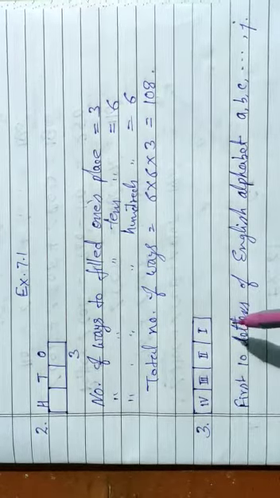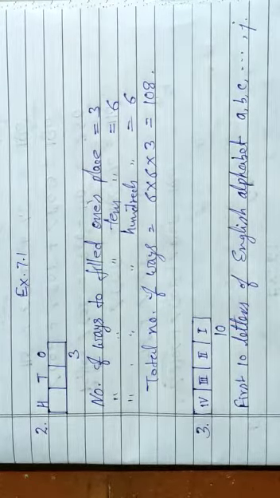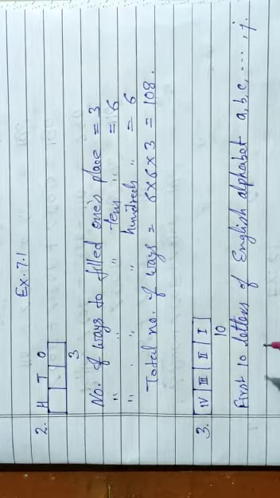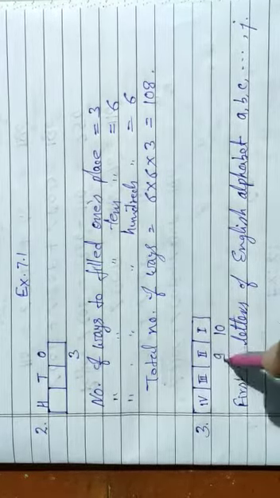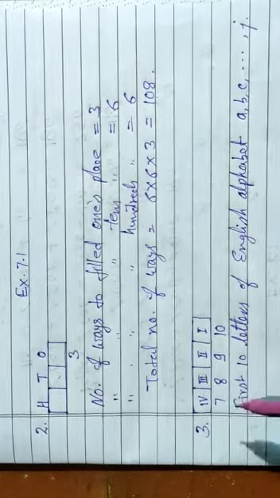Repetition is not allowed, so the number of ways to fill the second place is 9. Similarly third place 8 and fourth place 7.